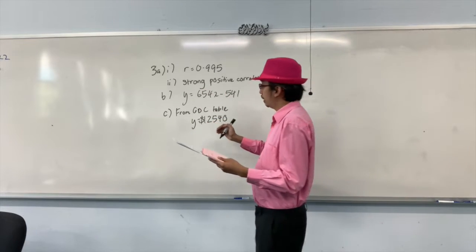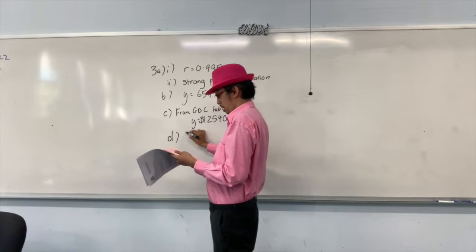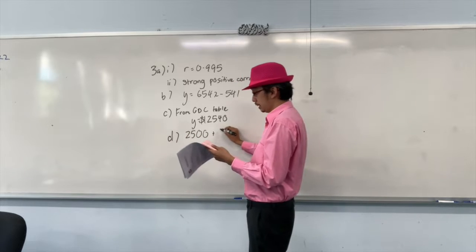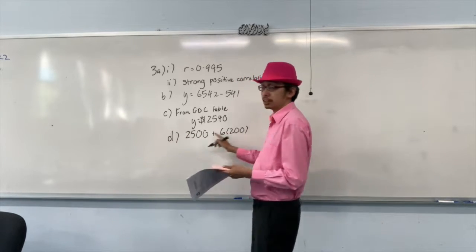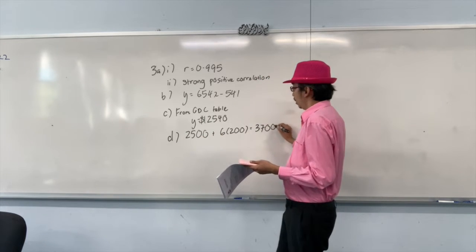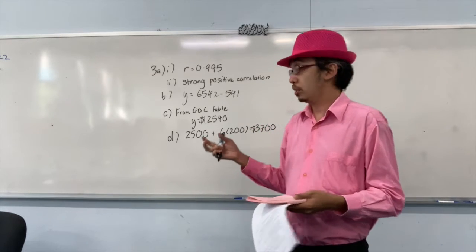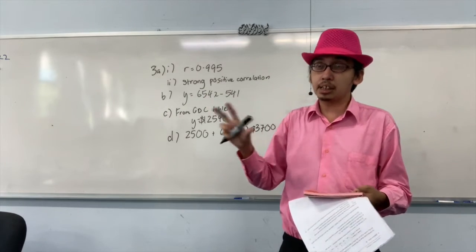For the cost, you plug in 2500 plus 200 times 6, which gives you about 3,700. So the cost is 3,700, but the revenue using this formula is around 3,300 plus.